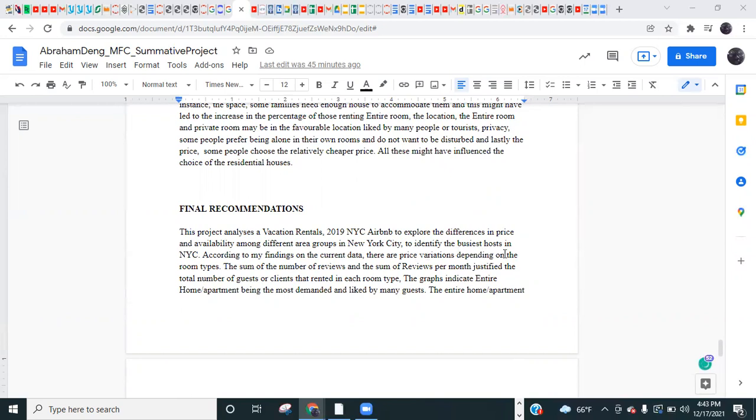This is to identify the busiest host. According to the findings of the expert, which is my finding, there is price variation depending on the room types, and the prices also affect this. This graph indicates the entire home, which is the apartment, being the most demanded, liked by many guests.